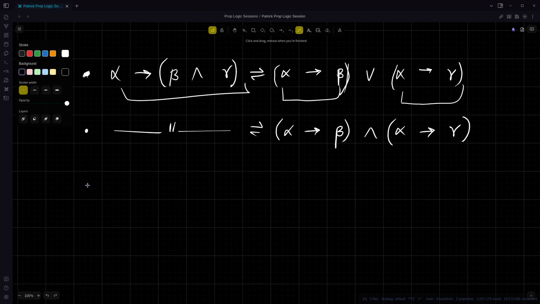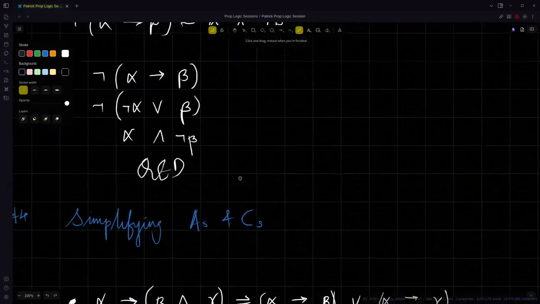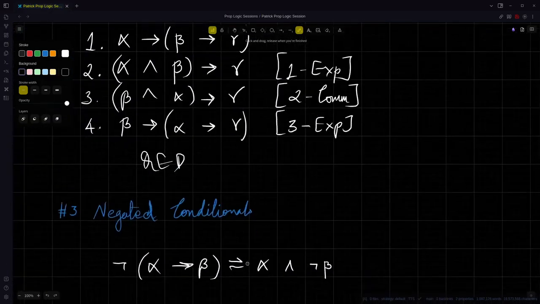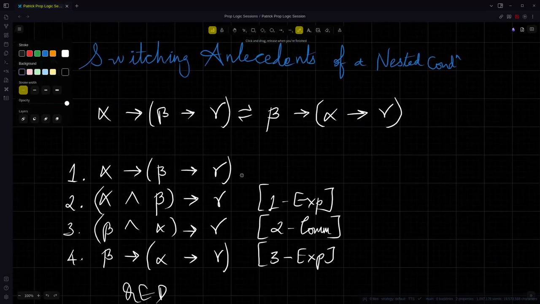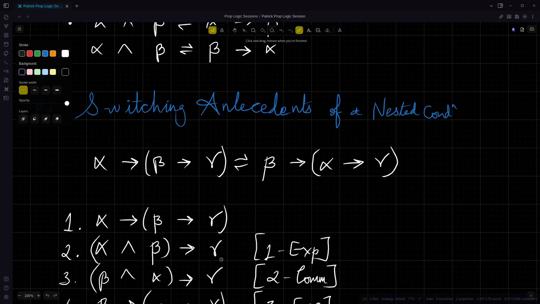So another trick. How did you know that? Could you just see it? Well, it's the previous trick that we learned, right? Not this one, not this one either, this one.